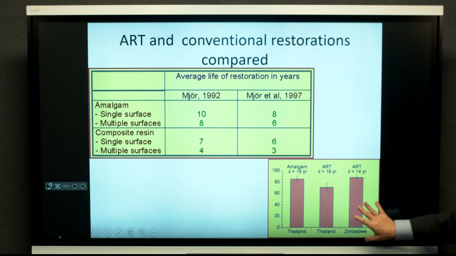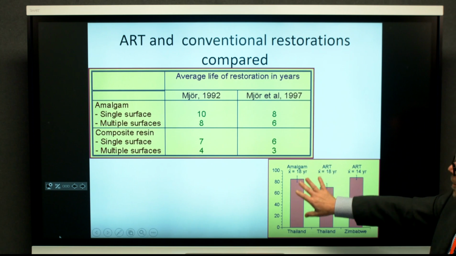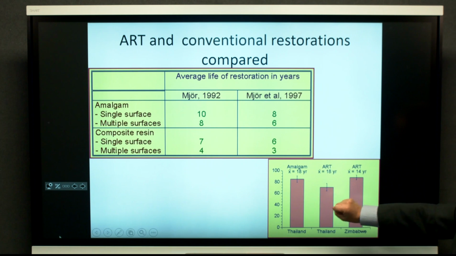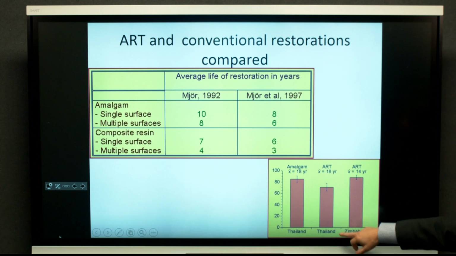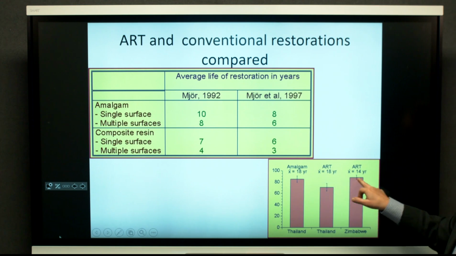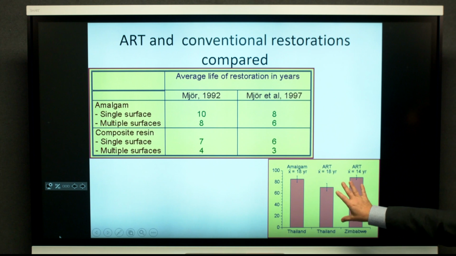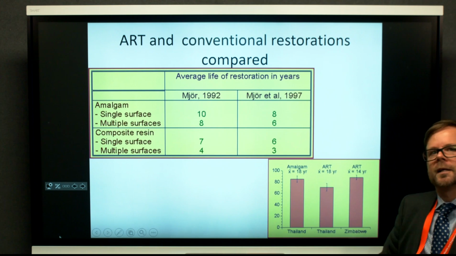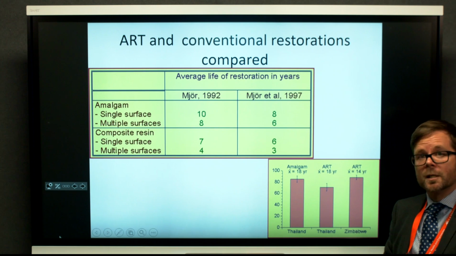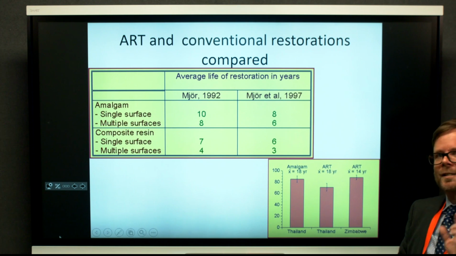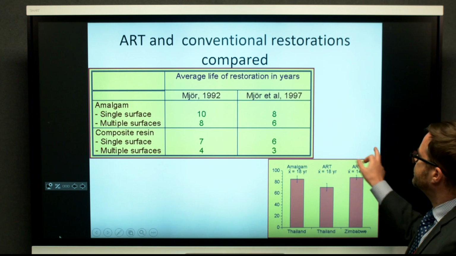And in fact, you can see here when you compare amalgam restorations compared to two different studies that looked at ART, we actually see no significant differences when you look at the confidence interval whisker here. There is no statistically significant difference between the ART technique and a conventional dental amalgam restoration on single surfaces.